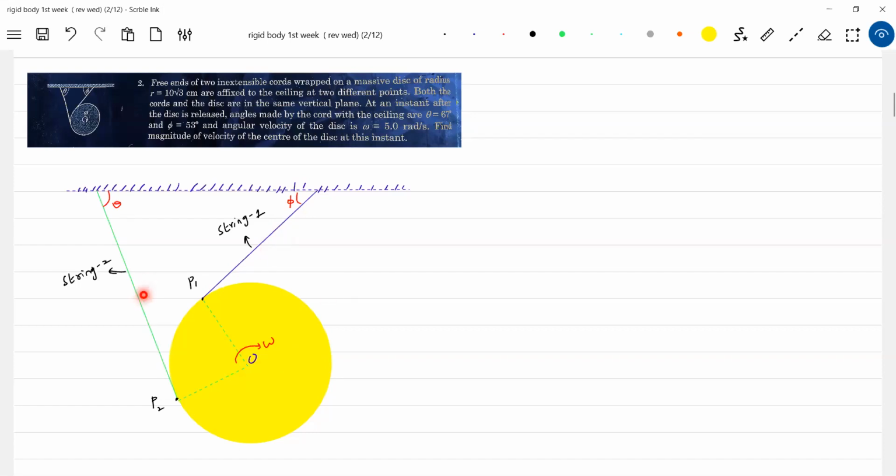Strings will be taut. The strings are taut, and we are discussing what should be the velocity of this point? Should be zero because they're connected to ceiling. So velocity of point P1 along the string must be equal to zero. Any reason? Because it is connected here. So P1 dash, I'll call it, or any other symbols, along the string should be zero. Any other direction, let it be, but along the string must be.